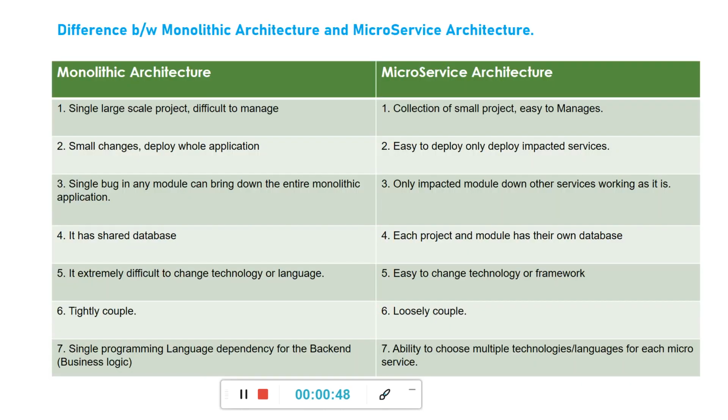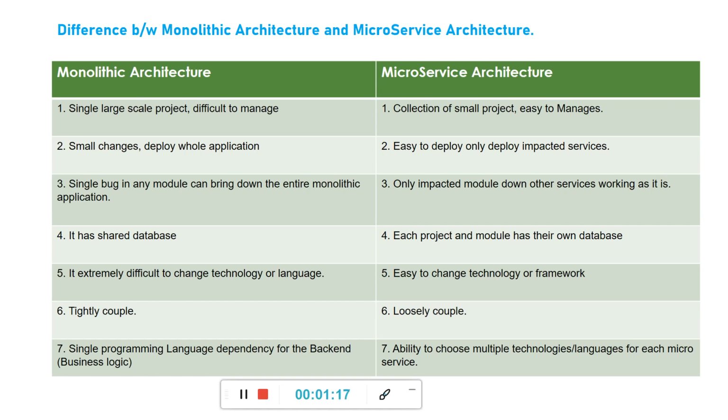So, before going to the implementation of microservices, we need to be clear about what monolithic architecture is, what microservices architecture is, and what the difference between them is. Before microservices came, we were generally using a monolithic architecture.